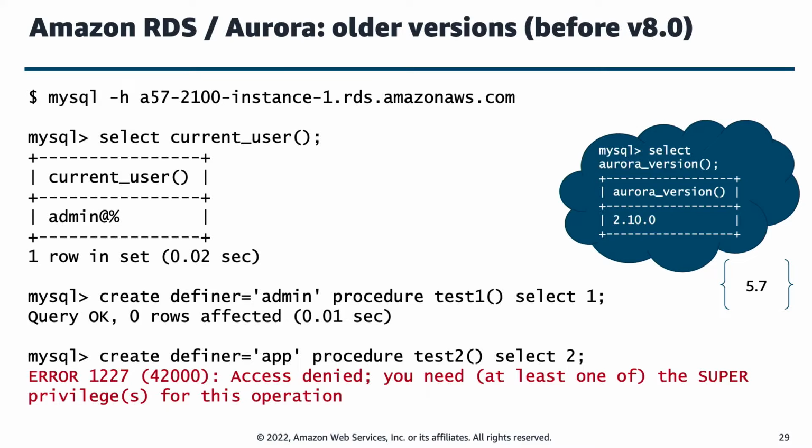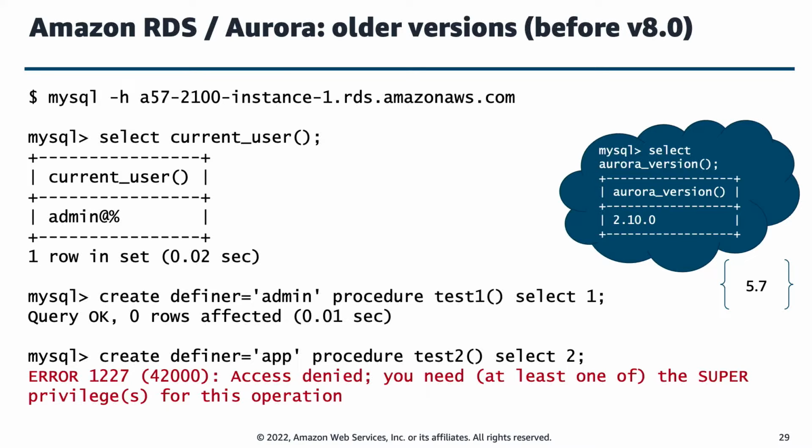So that's a common problem, and the problem comes from MySQL. If you didn't have the super privilege before MySQL 8, you were not able to create your objects specifying a different definer. By objects, I mean triggers, procedures, functions.